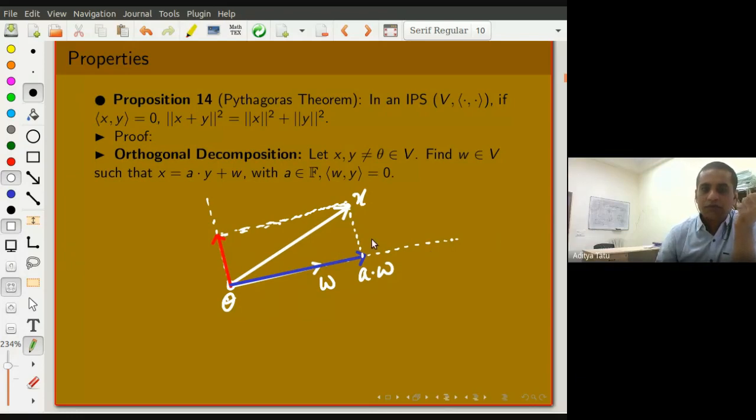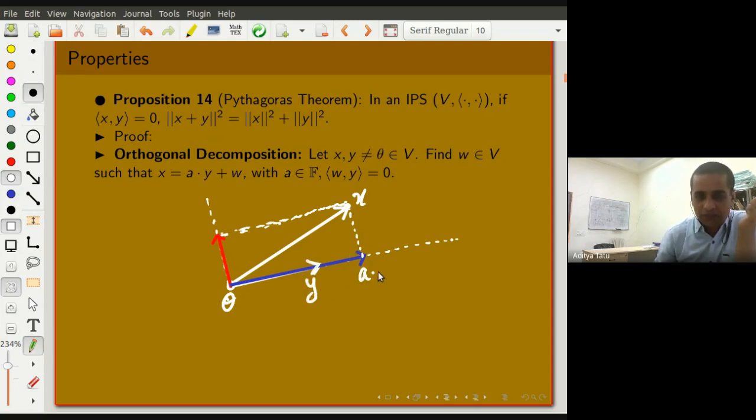What is given in the statement is that one vector has to be linearly dependent on w, or in other words, a scalar multiple of w. I think I've interchanged the notation, so let me be consistent with what I've written in the slide. Let's call this vector in white y.